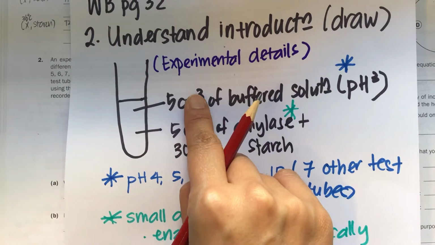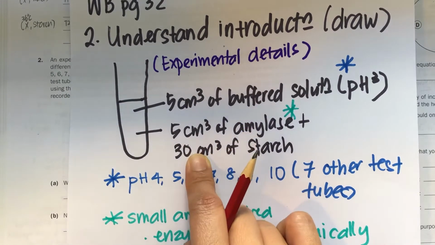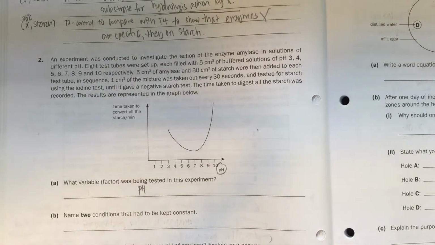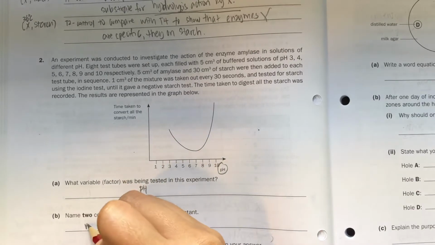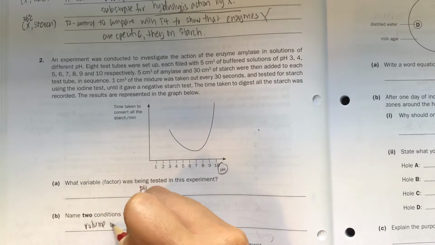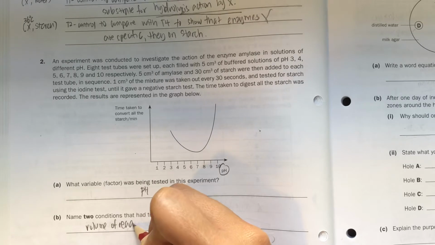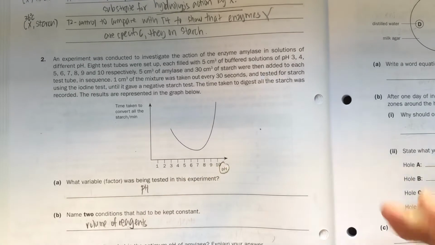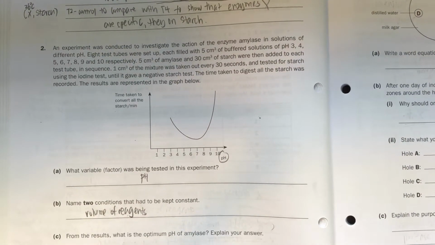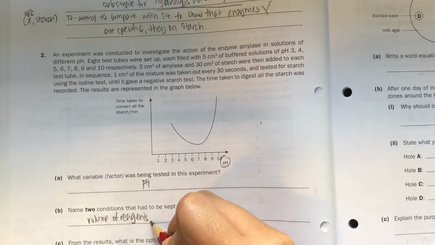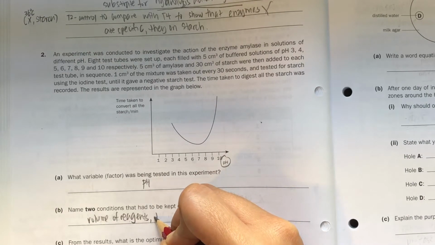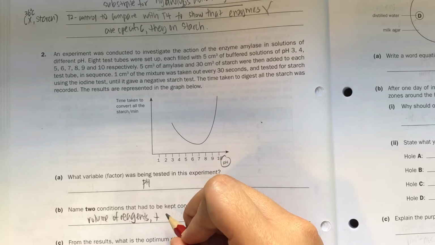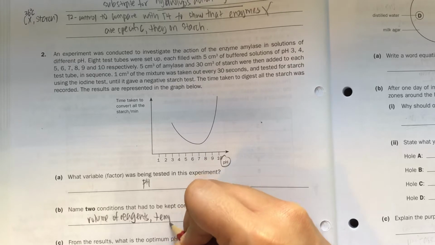The total volume of the reagents is kept constant at 40 cm cube. So, volume of reagents, because it is an all-inclusive term for whatever is inside a test tube. Okay, the second one, which is not written in your question, is of course temperature.